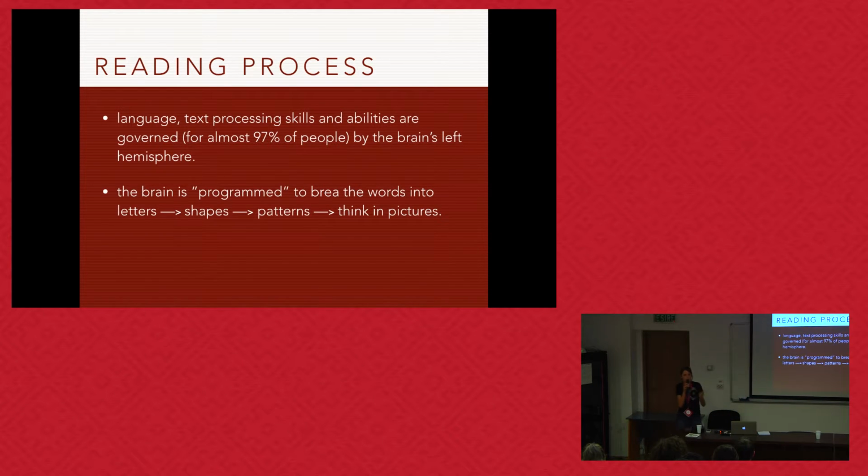But how does the brain work? They break words into letters. We have a lot of words. Break them into shapes, go to patterns, and after that we think in pictures. It's simple. We think in pictures.